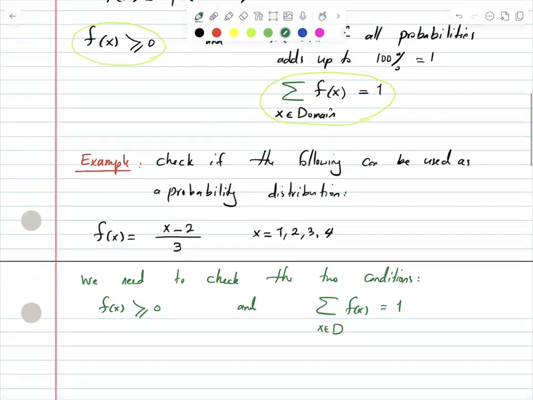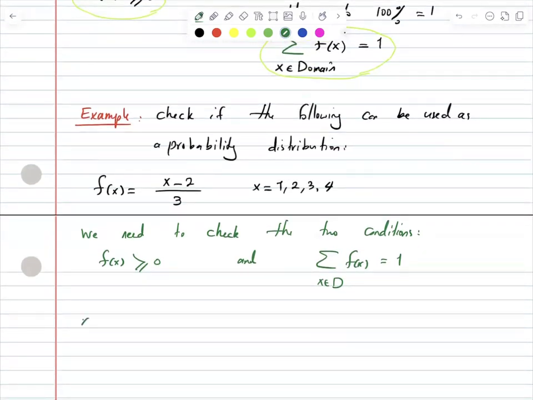So let us start by x equals to 1. When x is equal to 1, f of 1 is equal to 1 minus 2 divided by 3, which is negative a third. Okay, it means that we have issue with this condition. This is negative.